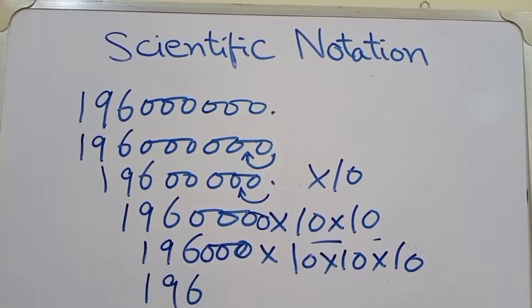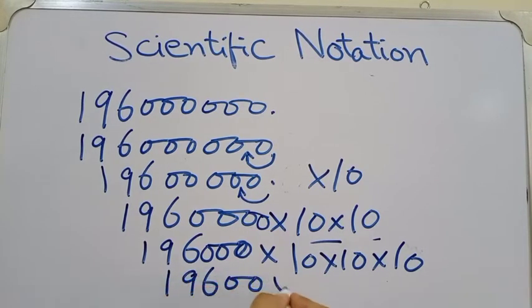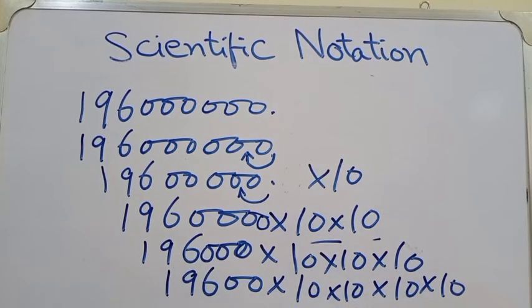We write here, shifting the decimal to the left and multiplying by 10 at each step.